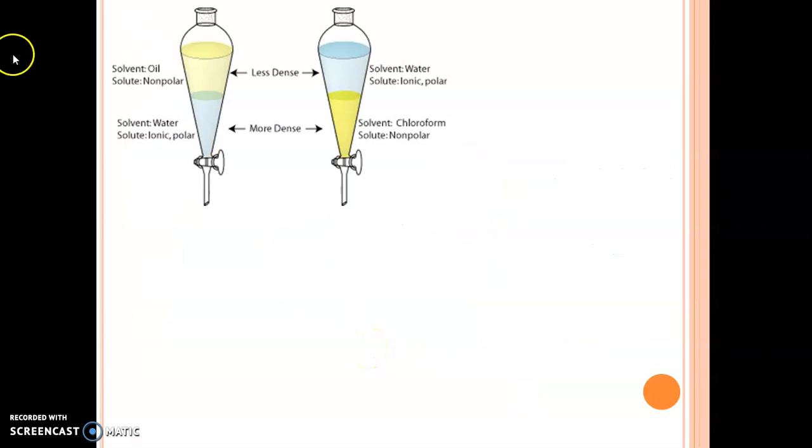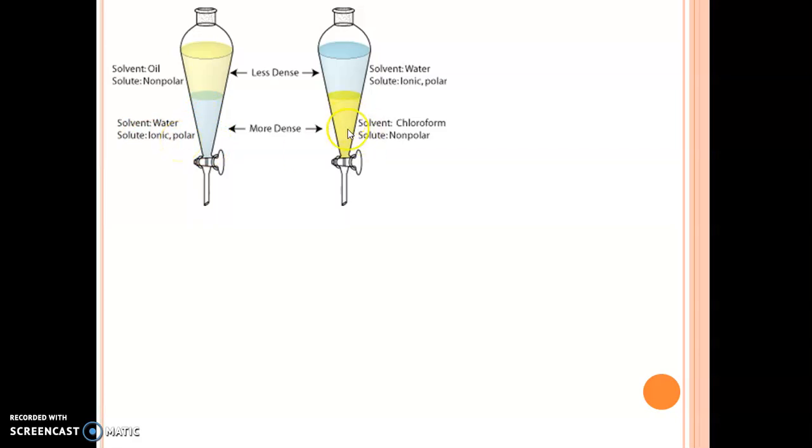Here we use a solvent system with a less dense liquid and a more dense liquid. Here oil is used as a solvent and the solute is non-polar. If the more dense solvent is water, then the solute is ionic or polar.